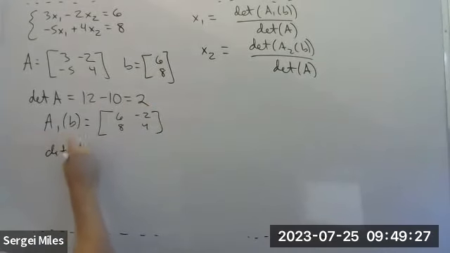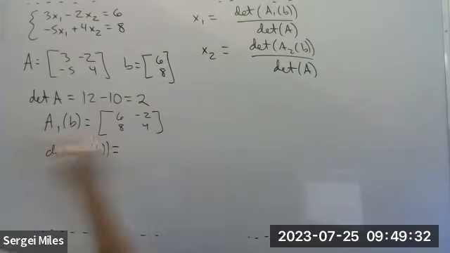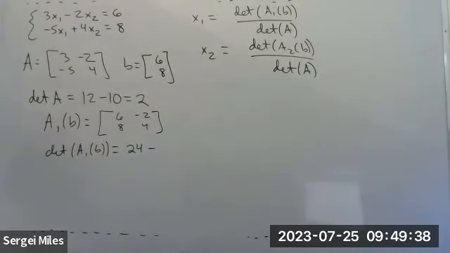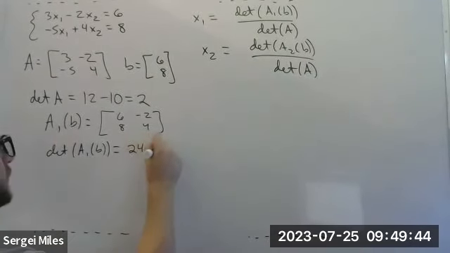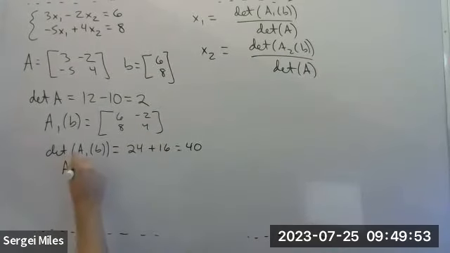So the determinant of A1 of B equals 6 times 4, which gives us 24, minus 8 times negative 2. That's a double negative, minus negative, so this is going to be plus 16, which is going to result in 40. All right, so there's one of our determinants.